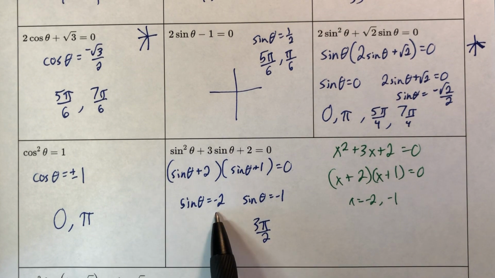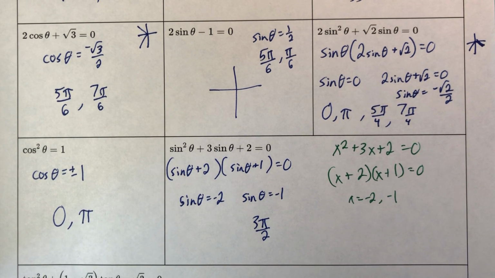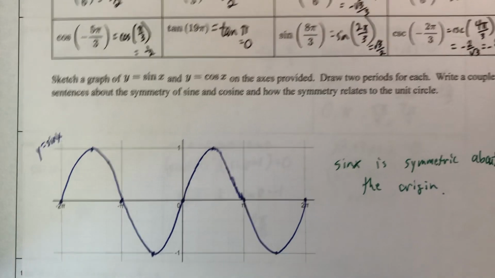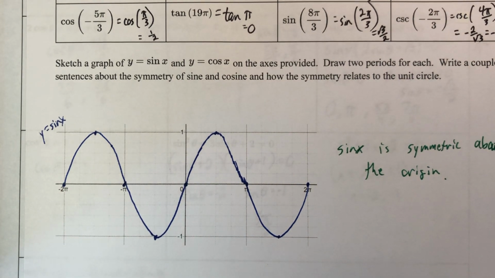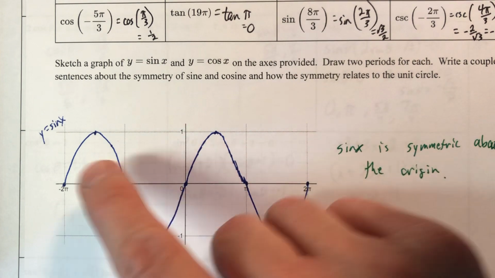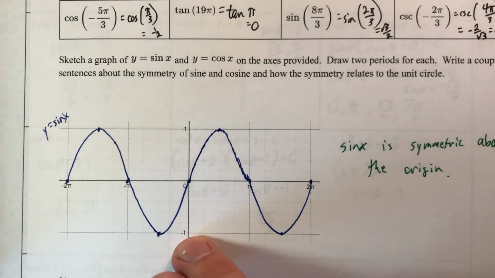You can verify that by looking at your unit circle. It's the y value of negative 1 on the unit circle. That'd be 3 pi over 2. Now, this one, you'll never find it on your unit circle. It's not there. And here's why. I'm looking for where sine is equal to negative 2. Notice this graph that we did earlier. Sine values, outputs for the sine function, wobble, for lack of a better word, between positive 1 and negative 1. The range is negative 1 to 1.